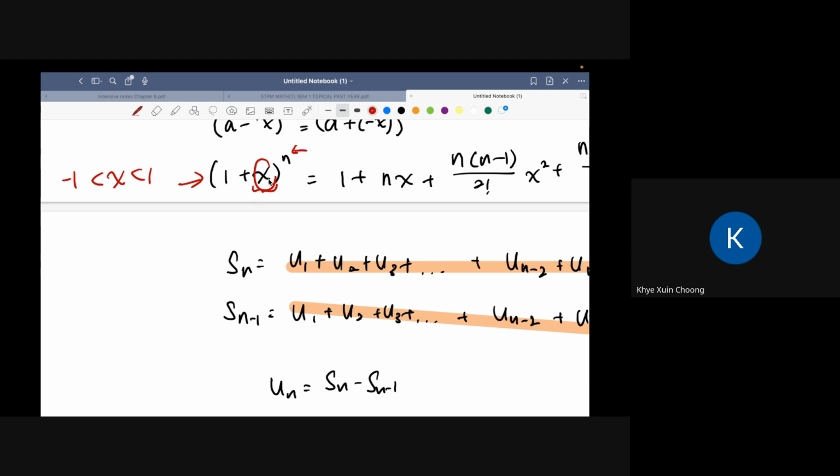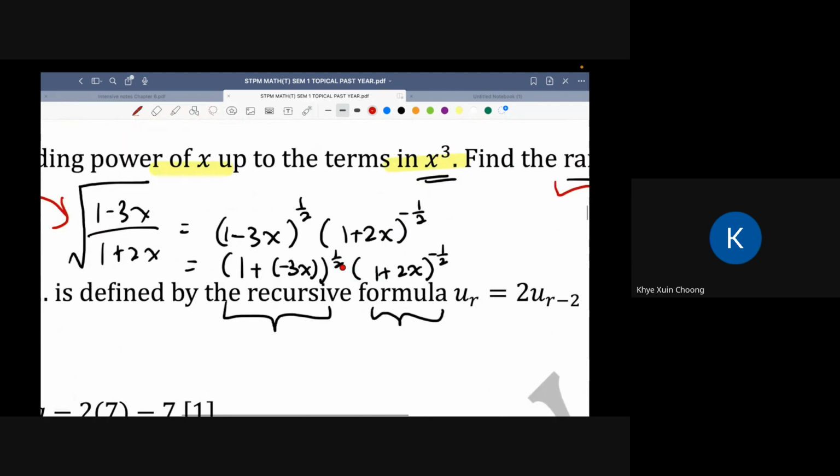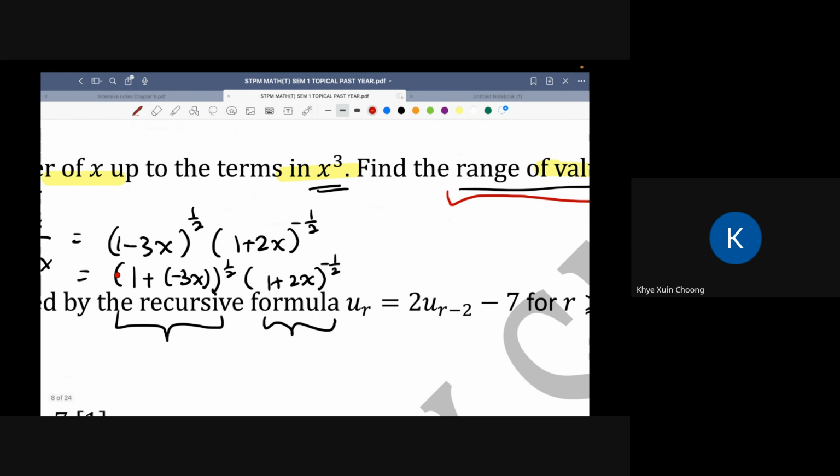So if you want to use this 1 plus x power n formula, you must ensure that this x over here must be between -1 and 1. So how do we apply this? Just now you applied for this thing, right? For this previous part to be true, your -3x must be between -1 and 1.